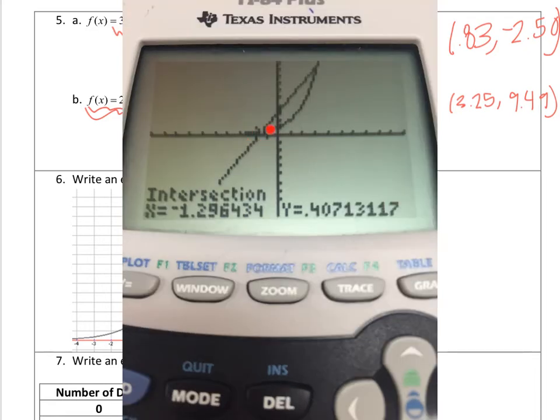The bottom intersection point is approximately at these two locations. So my other point is at negative 1.30. Notice that the 6 is rounding the 29 to a 30. And then 0.41. So those are the two intersection points for my second set of functions.